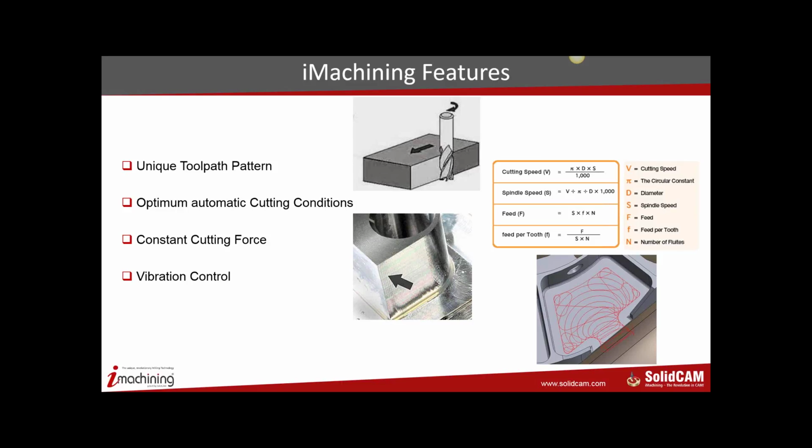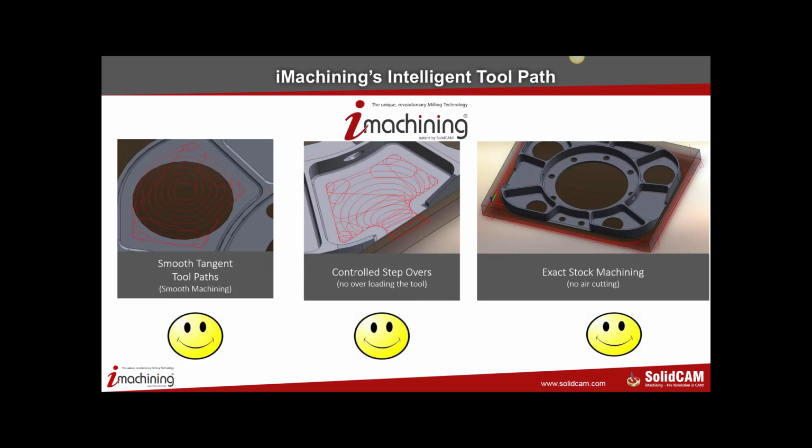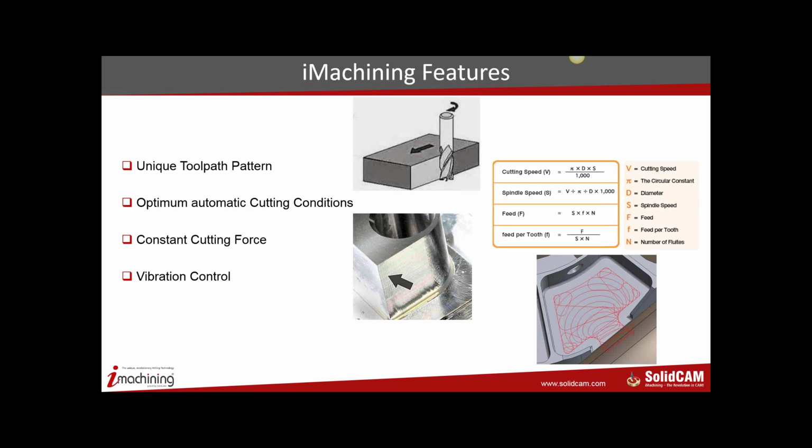So we give this feedback to the user and give him the ability to correct and reduce the chance of vibration and chatter, which can cause the tool life to go down. We give him that ability to correct it way before even the machining starts. So all these four features put together make SolidCAM's iMachining stand out in the market.